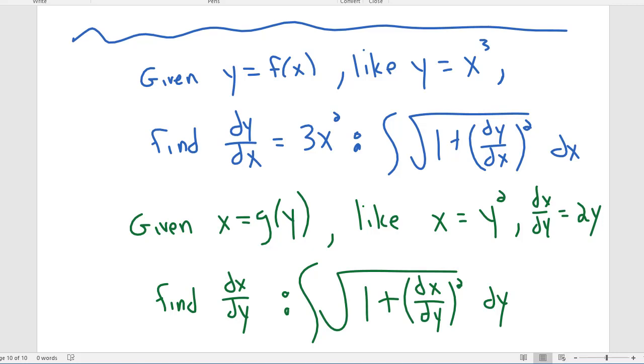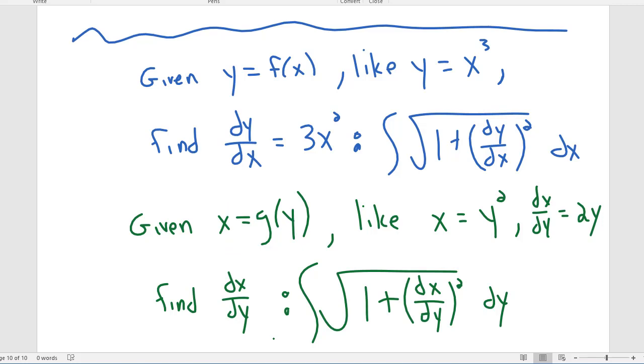Good question. Typically in a homework problem in a textbook, you would be given, let's say, y equals x cubed, and so they're kind of pushing you down the path to use this version, 1 plus (dy/dx) squared. They might give you the equation x equals sine of y. If they give you x as a function of y, then they're kind of pushing you down that path.